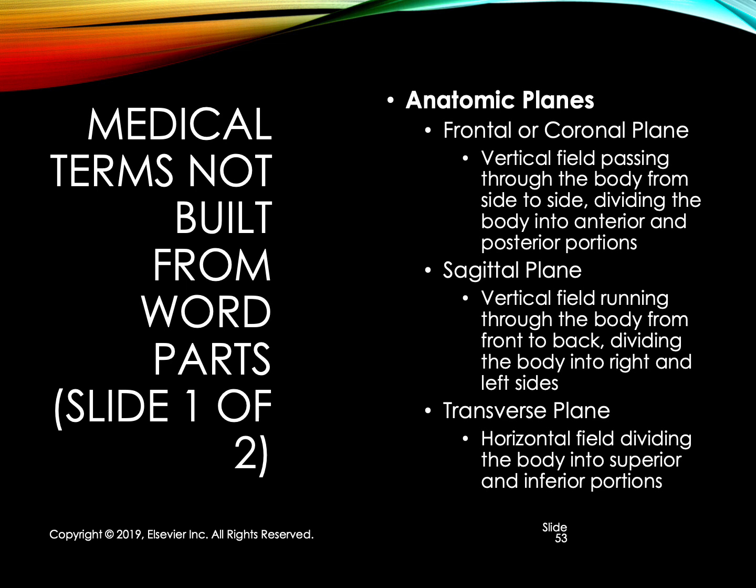Now, let's talk about anatomic planes. There are a few I want to cover, and the first one is known by two names, frontal and coronal. Okay, the frontal or coronal plane passes vertically through the body from side to side.